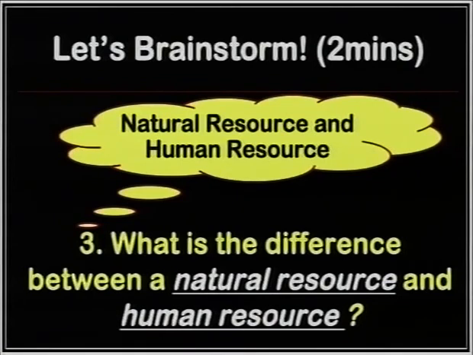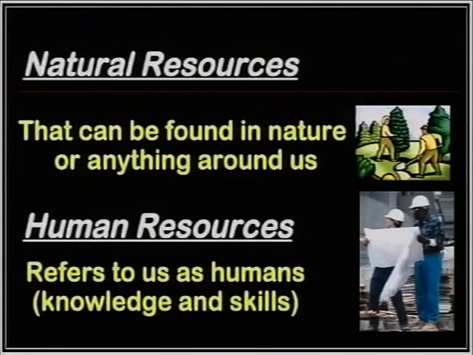Everyone look up here, natural resources. Class, read, what is natural resources? They can be found in nature or anything around us. And human resources refers to us as humans, knowledge and skills. As Nakawa said, natural resources are anything that is found in nature or anything around us.